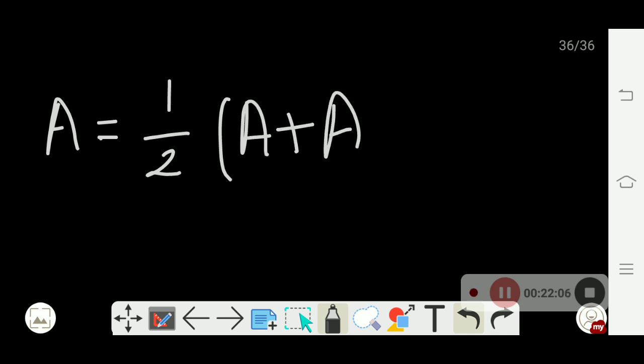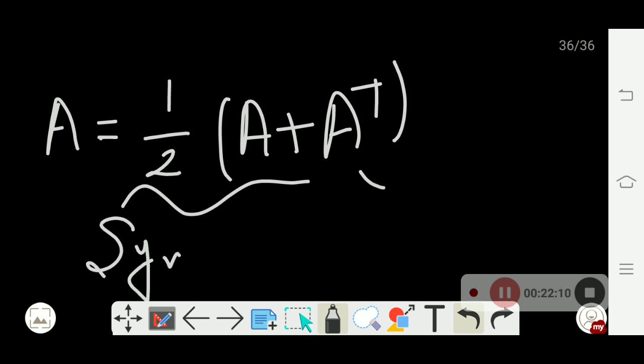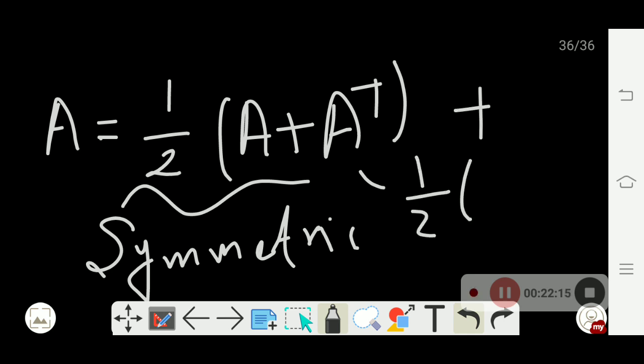Not so important. Same for the case of Hermitian and orthogonal. What you say is that you can express a matrix in terms of the sum of a symmetric and a skew symmetric matrix, and similarly a Hermitian and a skew Hermitian matrix. This A can be written as this part, which is a symmetric matrix, plus this part, which is skew symmetric.